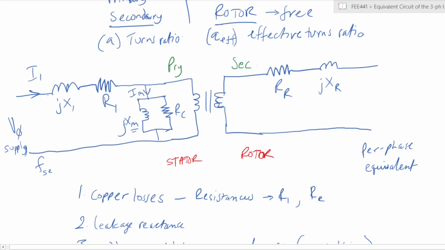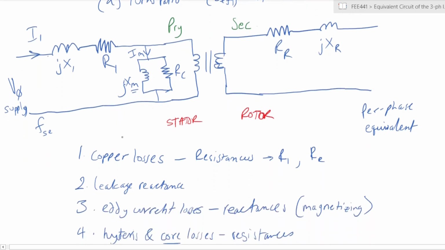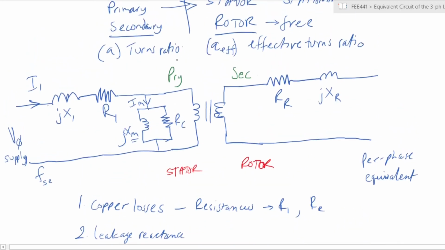The magnetizing current leads to the eddy current losses and the hysteresis losses and core losses. So resistances due to the core of the machine itself, not due to the windings. That is represented by this arm that we have here.